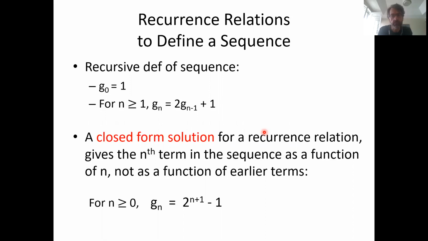And in all of them, you had a system where you define some base cases and then you define instances of a sequence at some index in terms of the values of the same object, a sequence at smaller indexes.